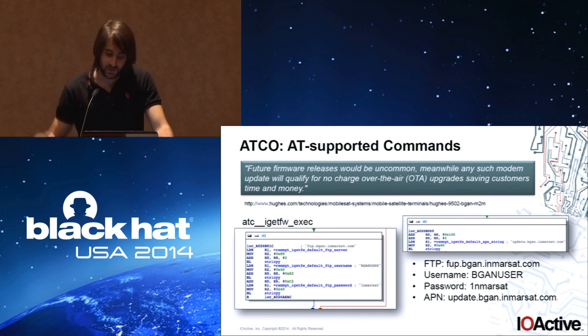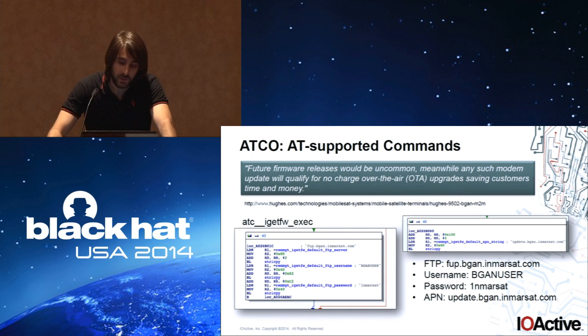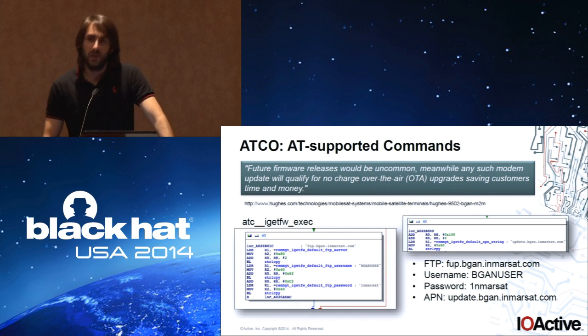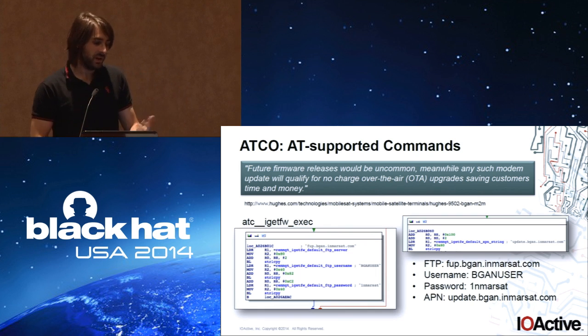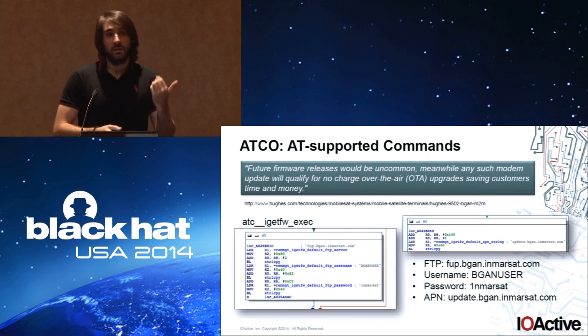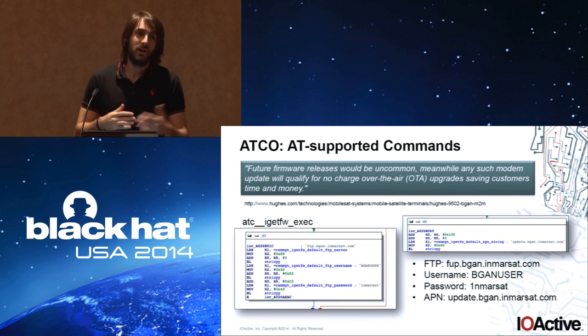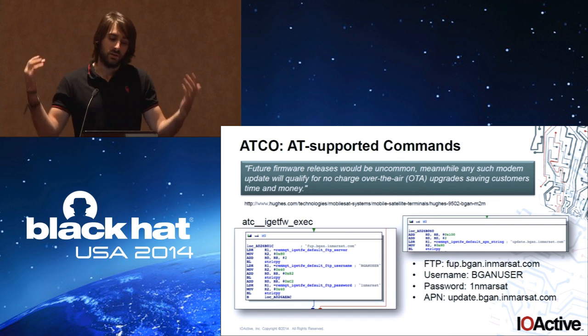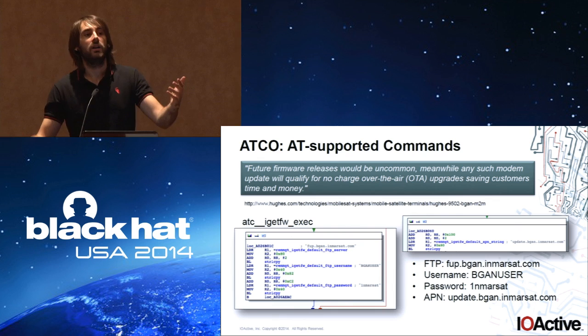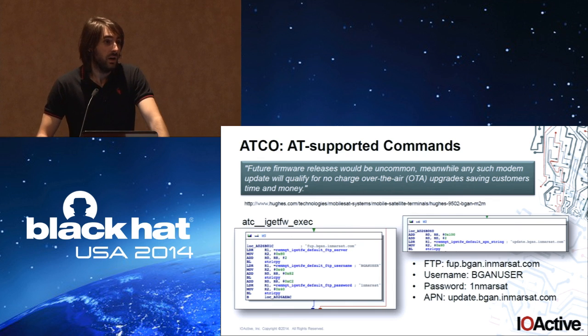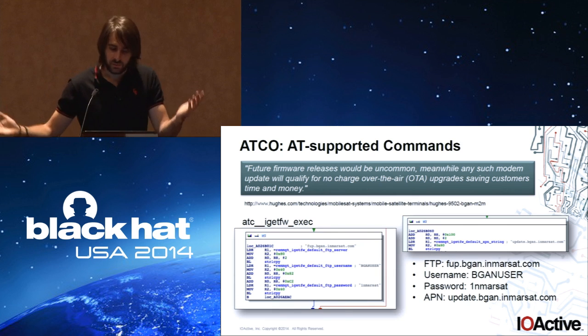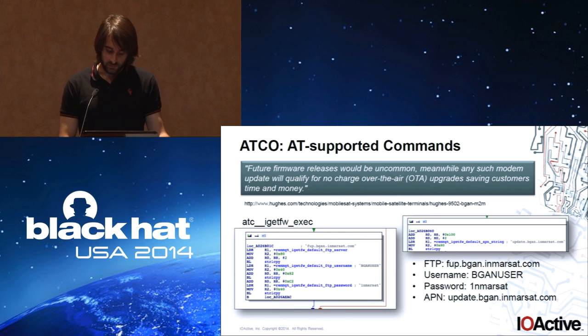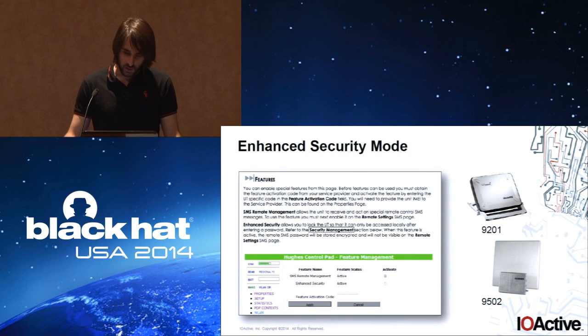So there is an FTP server which can be accessed once you are authenticated through the APN, and there are some hard-coded credentials that can be used to access the FTP server. Obviously, the problem is if those credentials have write access to the FTP server, because you can upload a firmware file and then all the terminals will be infected. But it's something that I didn't try, so I'm not going to say anything.